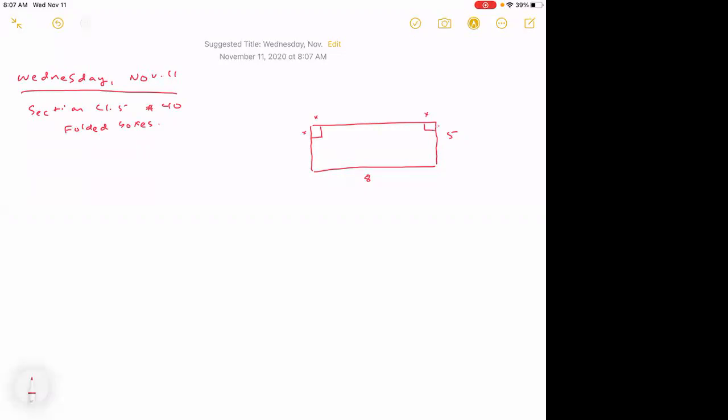You can try this on a piece of paper. So you do that, then you fold that, and you fold that up.